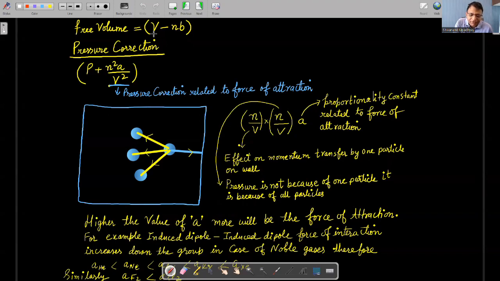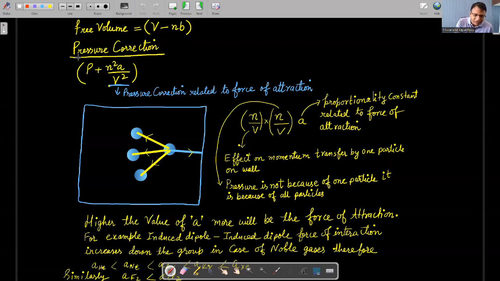Also, when we keep these molecules together, the distance between the molecules is of the order of their diameter. When molecules are at a distance of a diameter, repulsive forces are dominating. So this has a relation with repulsion also. We're going to discuss how the nB factor is going to change the pressure.